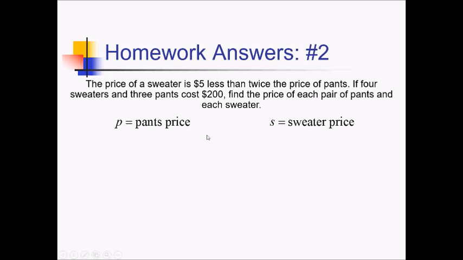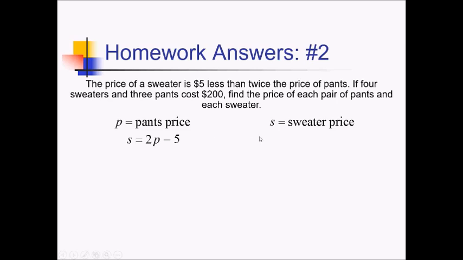So using the first sentence that they gave us, the first piece of information, they said the price of a sweater, which we said was S, is, so equals, 5 less than twice the price of pants. So twice the price of pants, that would be 2 times P, and we want 5 less than that, so minus 5. So that's our first equation.